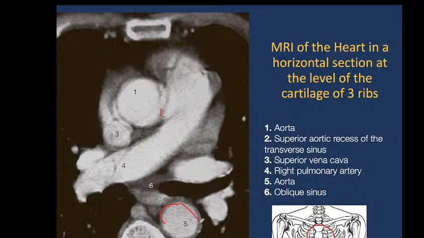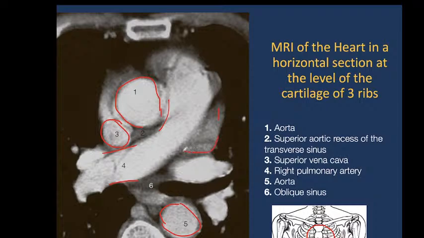Number 5 is the descending aorta. Number 1 is the ascending aorta. You can nicely see number 4, which is the pulmonary trunk and right pulmonary artery. You also see the superior vena cava here, and some parts of the heart.